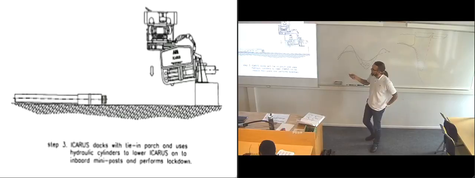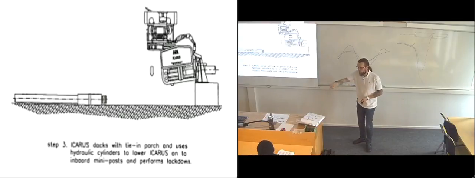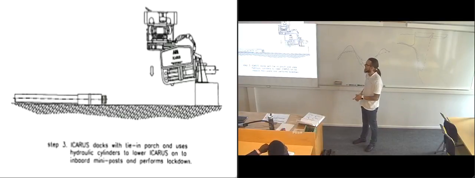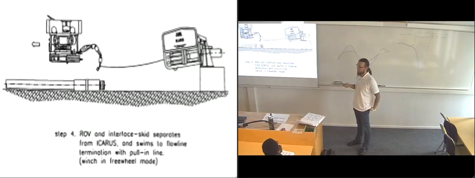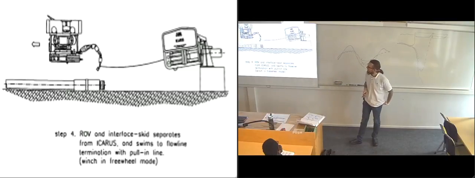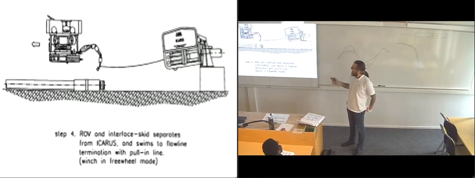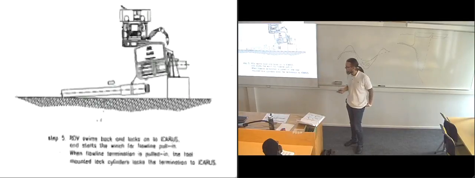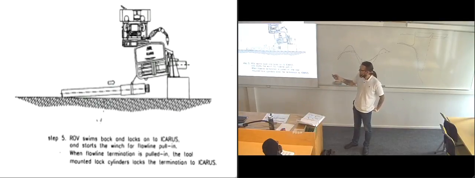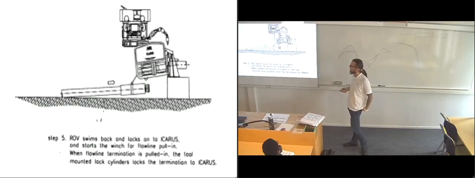So the first connection here is just plug and play. It's just lowered on top, and then it sits into place, and then it's locked into place with some clamps afterwards, so that it stays there. But the first positioning is very easy with the ROV. And then inside the Icarus there is a winch with a wire. So the ROV pulls out the wire over to the flow line, and it connects the wire to the tip of the flow line.